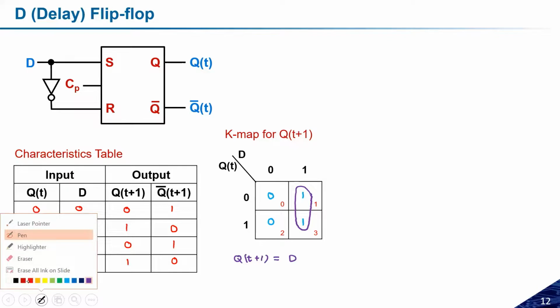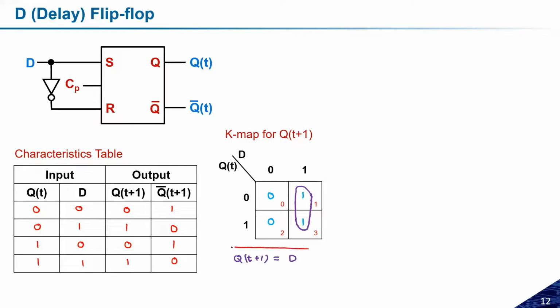This is nothing but the characteristic equation of the D flip-flop. So these equations are really very important. The characteristic equation for the D flip-flop is nothing but d.